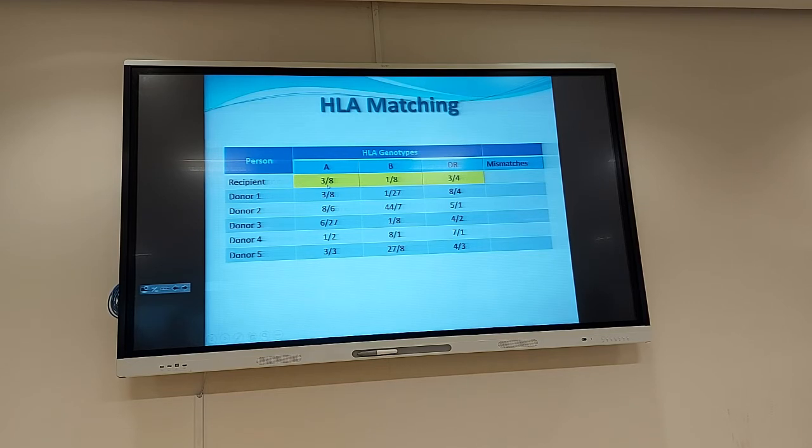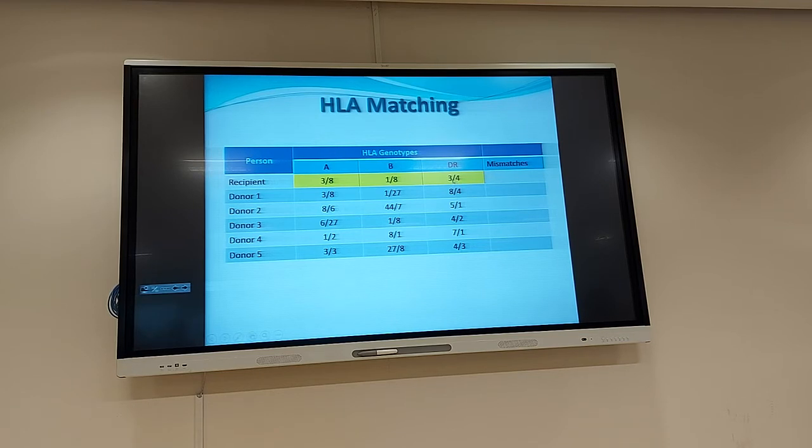Our recipient in HLA-A has the alleles 3/8, in B has 1/8, and in DR 3/4.